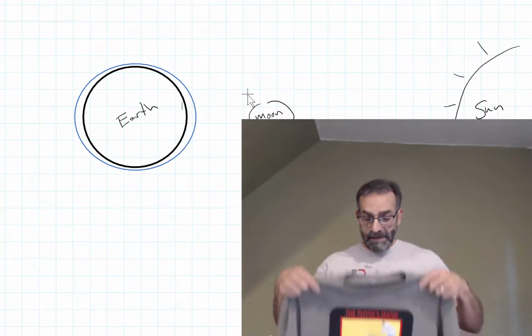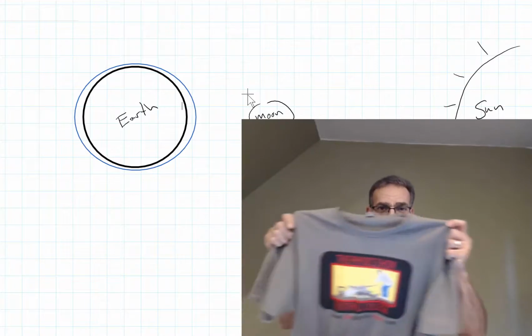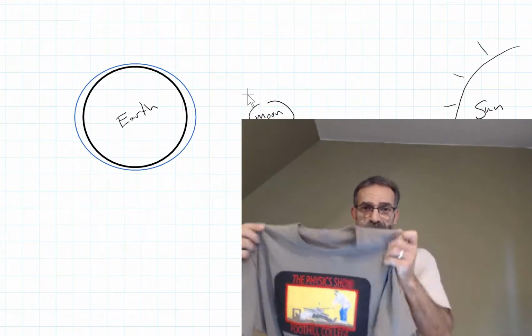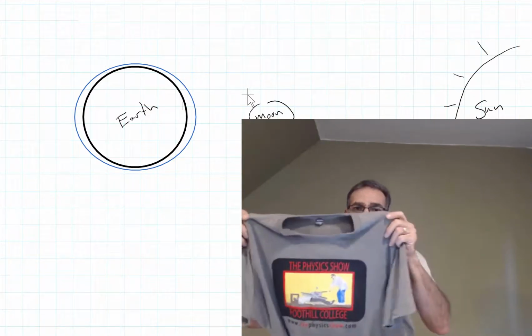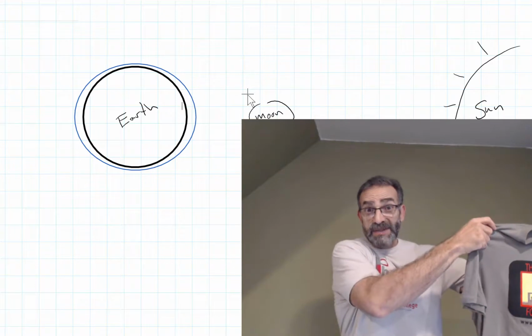Maybe this will help. If I have a shirt and I pull on every part of the shirt with the same force, in that direction, the whole shirt moves in that direction without changing shape.